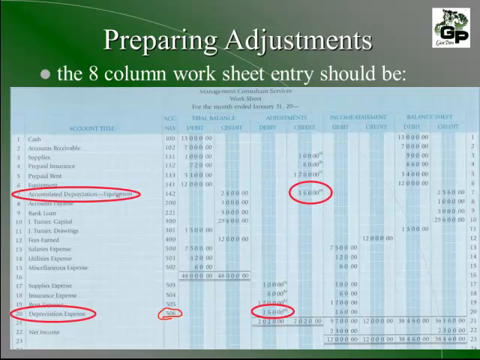The accumulated depreciation for equipment is the contra account for equipment, and it has a credit balance when we started of $2,400 for this month. For January, we have to add an additional $160 to this account, and it's in the credit column.